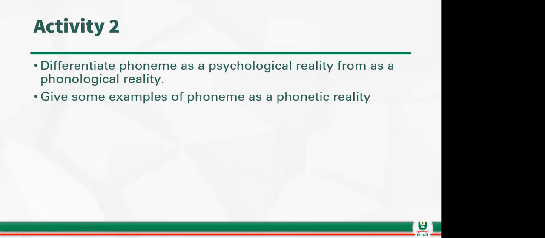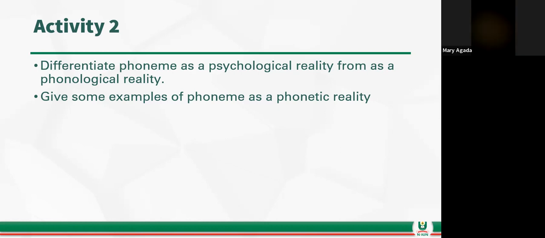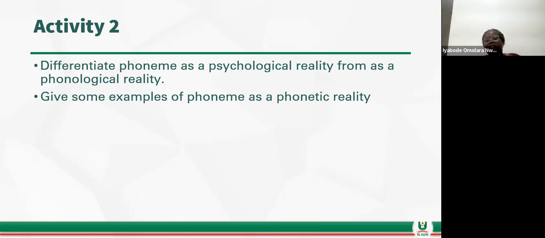While phoneme as a phonological reality has to do with the relevance or property of sounds. That is the relevance, or let me say the allophones that a particular sound might have. That is the variant of a particular phoneme. Okay, so the variant is what you term as the phonological reality.